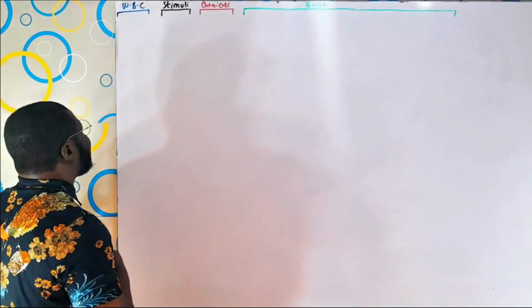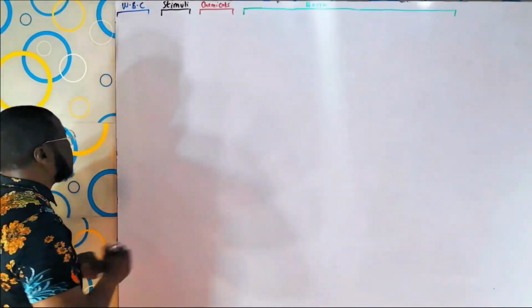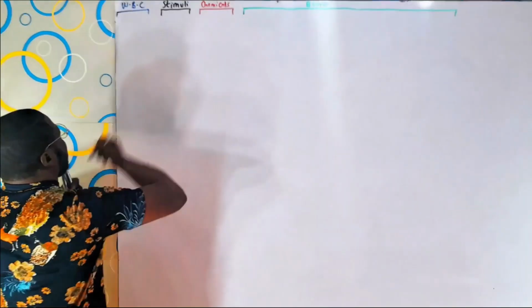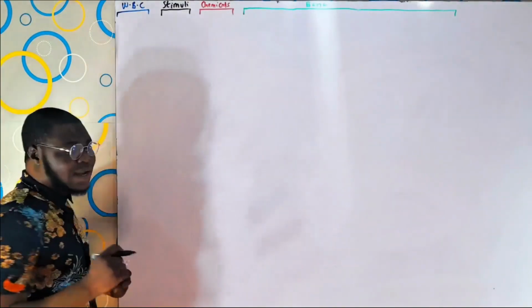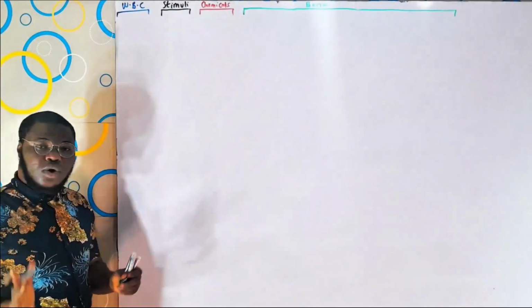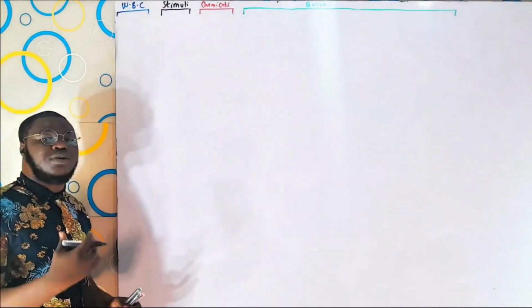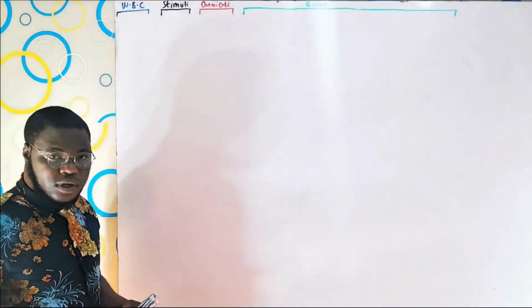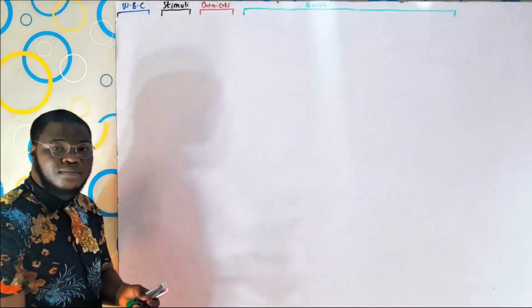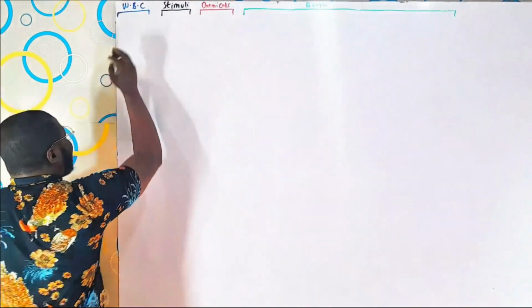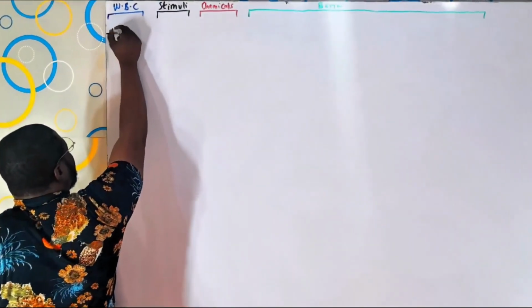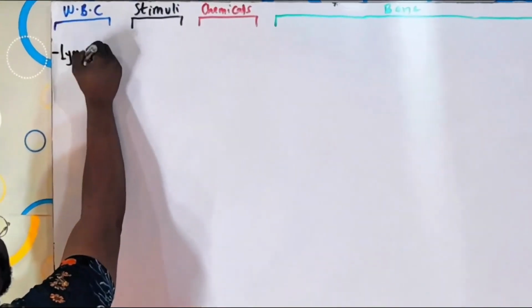Now, let's start with this. We know that our white blood cells can either be a granulocyte or an agranulocyte. So let's talk about the agranulocyte first, which is the lymphocyte and the monocyte. So an example of white blood cell is lymphocyte.